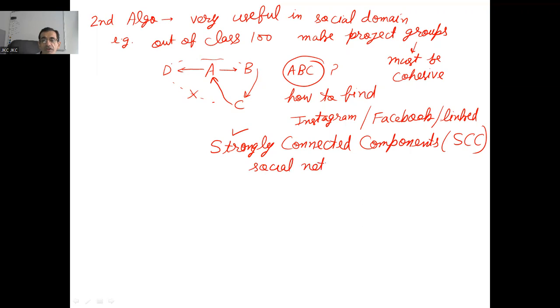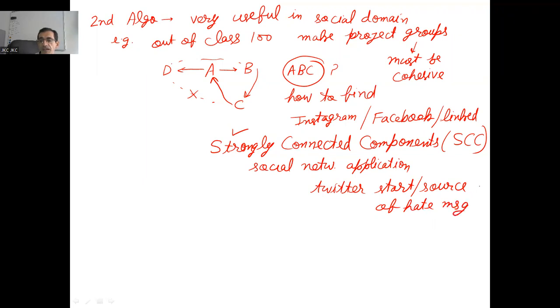Similarly, topological sorting can also have social networking applications. Say on Twitter, I want to find the starting person, the source of a hate speech or hate message. If I have an algorithm like topological sorting, through which I can see that this person has sent a message and this person received the message from them, I can backtrack.